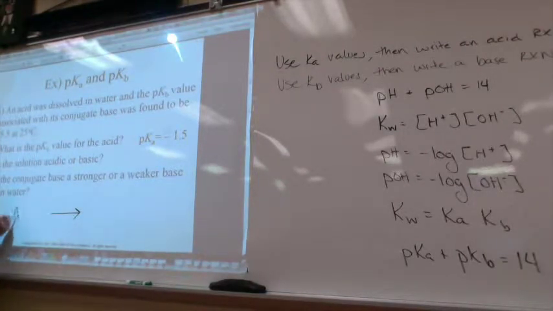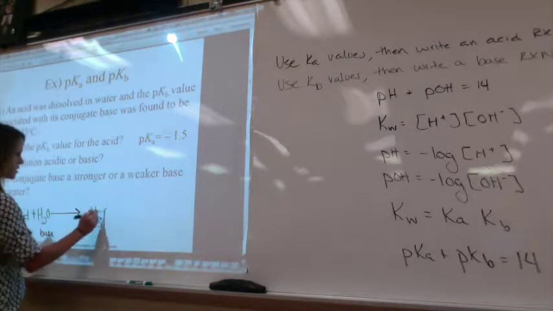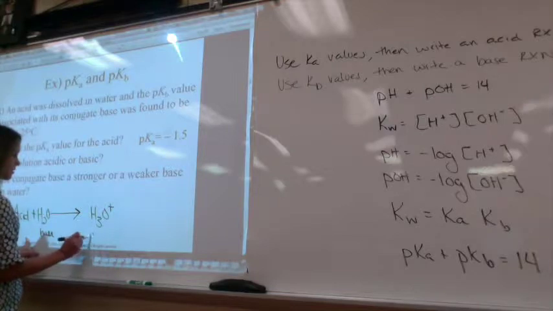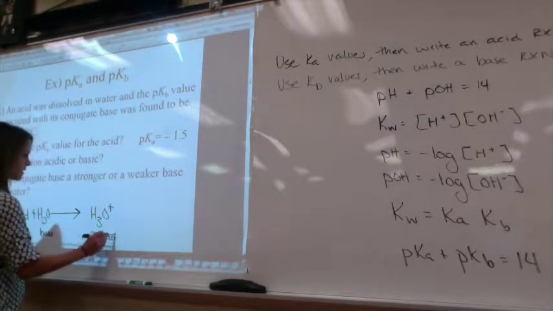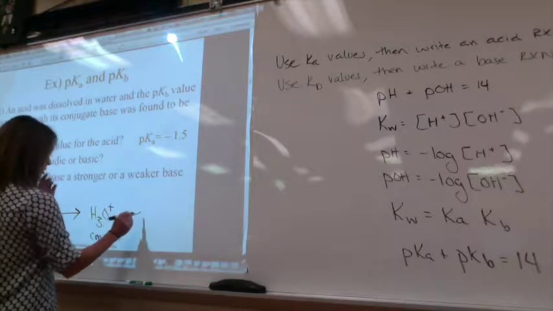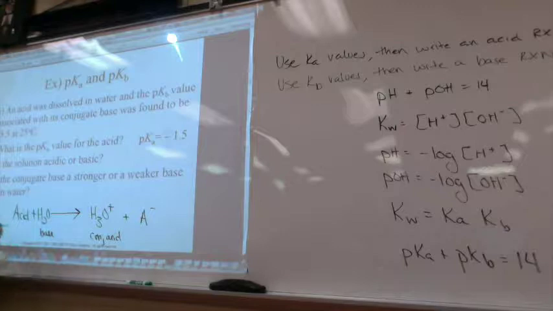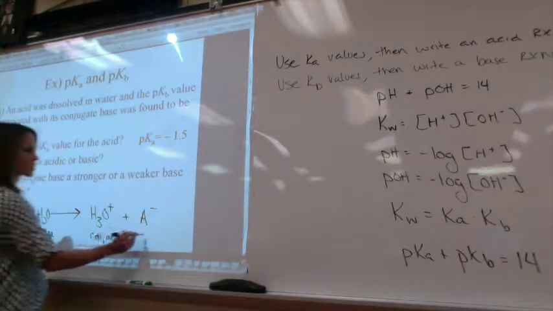So whatever our acid is, it goes into water, and this is our acid, and this is our base, and then we get a conjugate acid, which is going to be the H3O+. So this is your conjugate acid. And then you're going to get some base. I'm going to call that A-, right? Because this would have been HA, whatever this is. So this is my conjugate base.